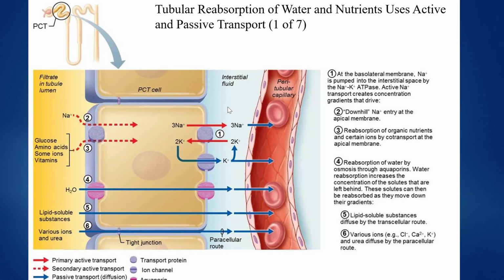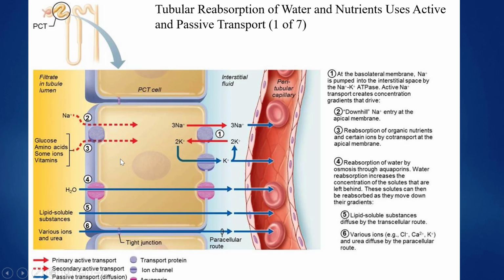Active sodium transport creates a concentration gradient that drives downhill sodium entry at the apical membrane, and it also drives the reabsorption of organic nutrients and certain ions by co-transport at the apical membrane.